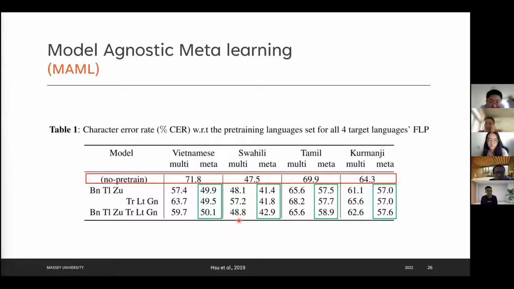Say, for example, if the languages are not very phonetically similar, then they will not produce good results. But if the languages are phonetically similar, say, for example, the Maori language that we are working on is fairly similar to the Japanese language. They share some phones. So if we pre-train on Japanese and then fine-tune on Maori, then it could produce very good results. In a similar fashion, if we use different languages, our result can get worse.